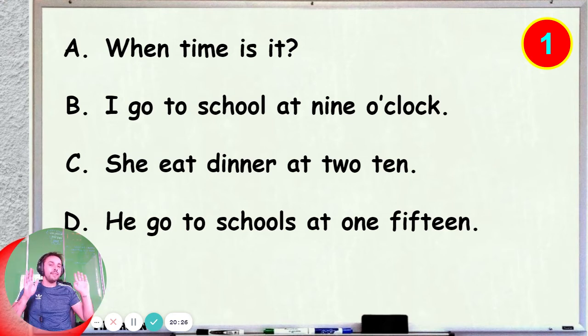Okay, so can you copy the sentence that is correct? There's 1 sentence here that is correct, and there's 3 that are wrong. And you need to copy the good one, okay? You can pause the video if you need more time. 5, 4, 3, 2, 1.